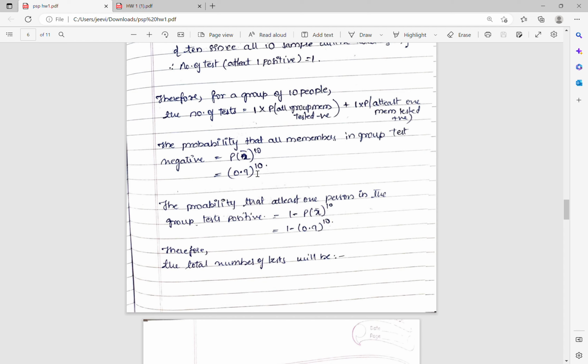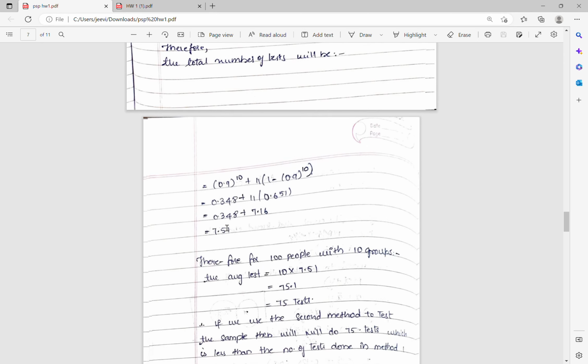Now we will substitute these values into this equation, and let's see how that goes. So that will be 0.9 power 10 plus 11 into 1 minus 0.9 power 10, 11, because if one person tests positive, we'll have to do 11 tests for that group, and 0.348 plus 11 into 0.651, which will be 7.51.